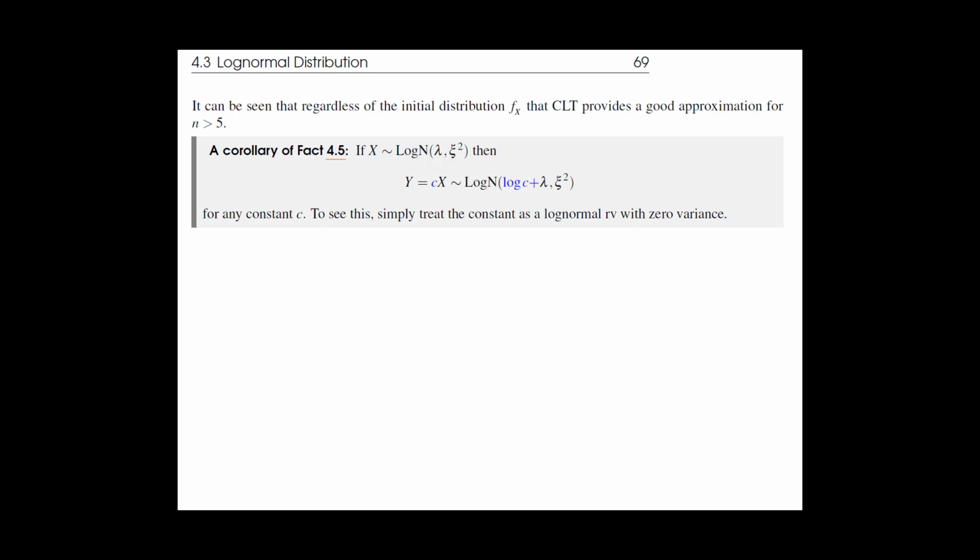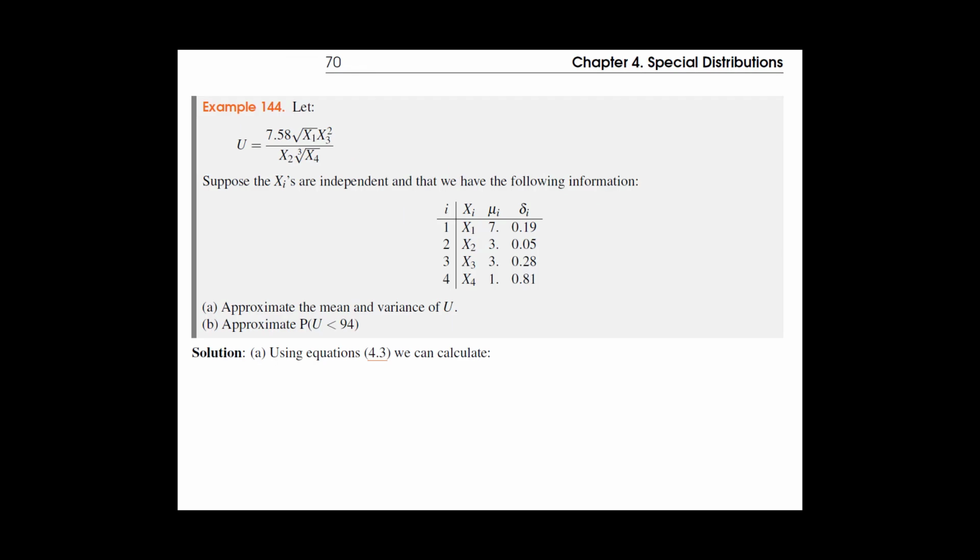Very good. So now let's try our first example. So you see here, this is a kind of complicated ratio and products involving all sorts of stuff. We have a constant 7.58, so we're going to treat it like in the previous fact. All right, so let me write down here the AIs just to make sure that we understand what those are.